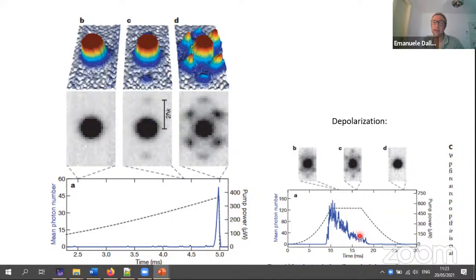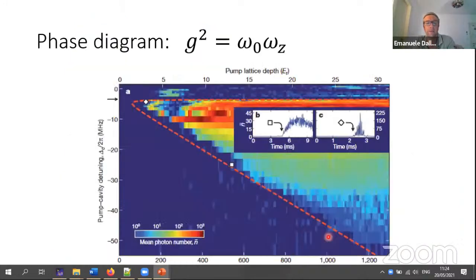Another way to think about it is that the total spin starts decreasing. At the beginning there is a lot of emission, but then the total spin decreases because you lose atoms. They don't go away, but they go away from this simple two-level system. Then you end up again with no photons. So it's not really a steady state, it's just a transient. But as you can see, there is a sharp transition in the transient, and that's enough to call it a phase transition.